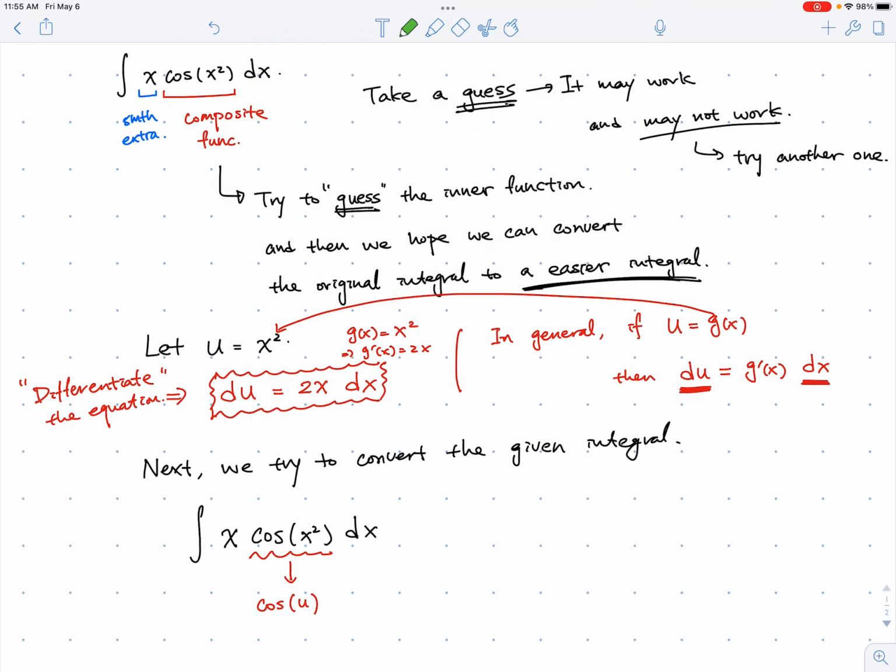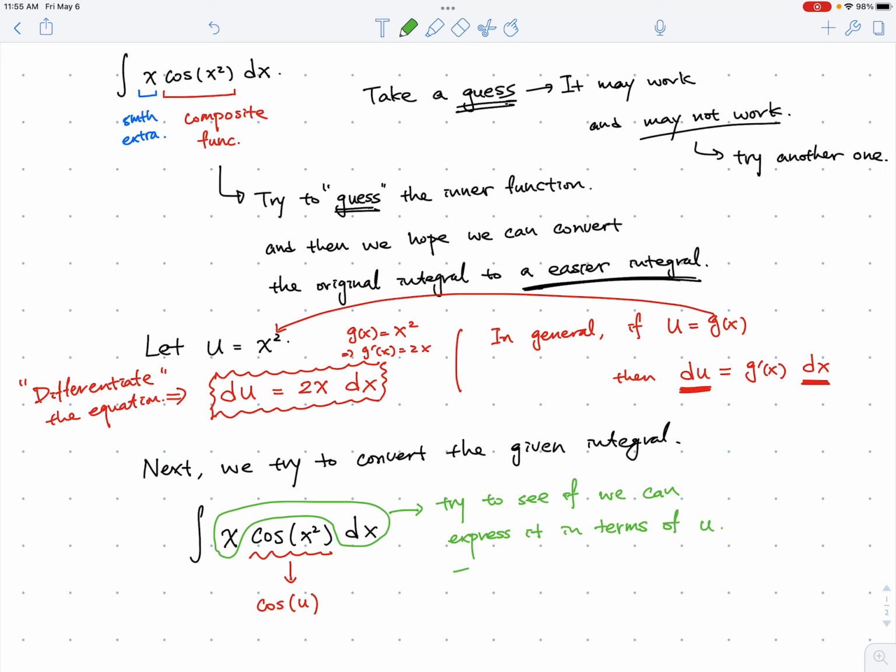What's left is x dx, and now I'm trying to see if we can express it in terms of u.